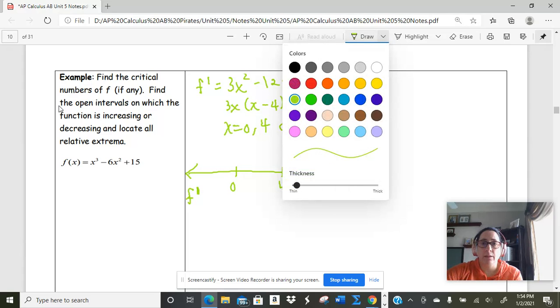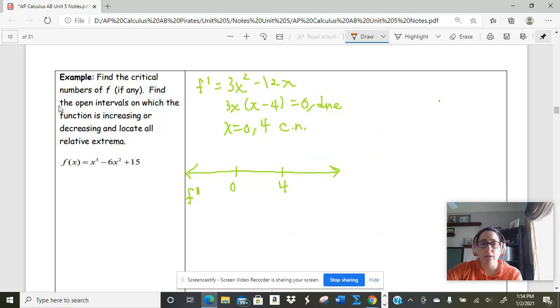And I'm going to see what happens for f prime. So I'm going to go plug these values into the first derivative. So what's a value less than 0? So maybe I'm going to go plug in -1 because it would be something over here. When I plug in -1, I just want to know, do I get a positive or a negative?